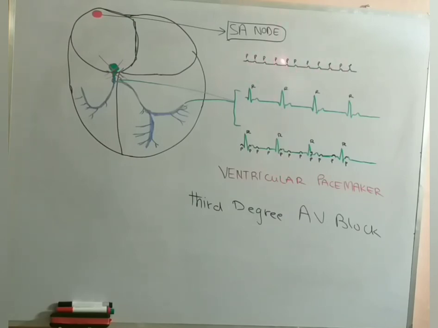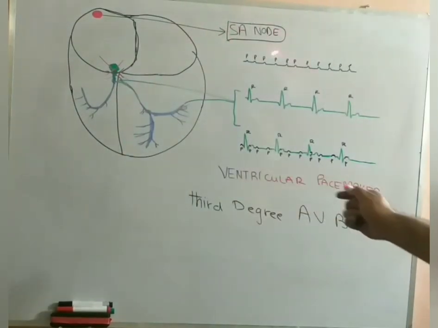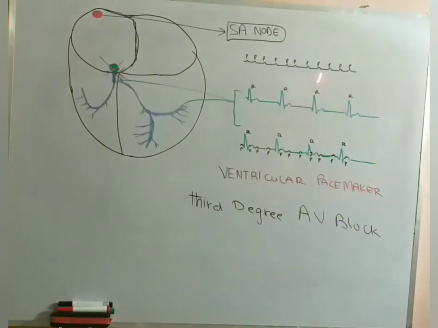I have drawn these two events independently. P is independent of the QRS complex at a different rate, because these respond according to their own pacemaker. The ventricle responds according to the ventricular pacemaker, and the SA node is dictating the P wave number and frequency. So I have drawn these two events independently because they are happening independently.